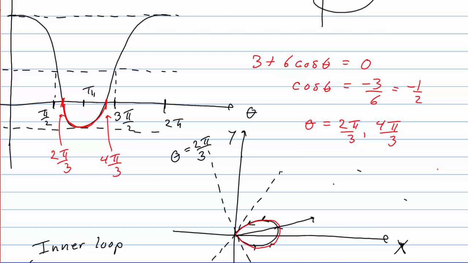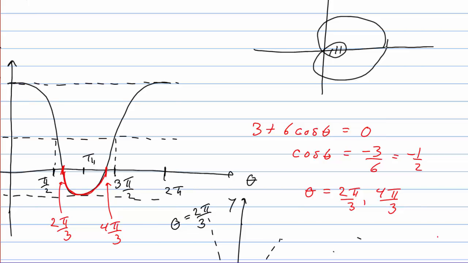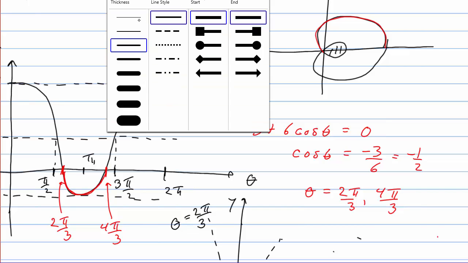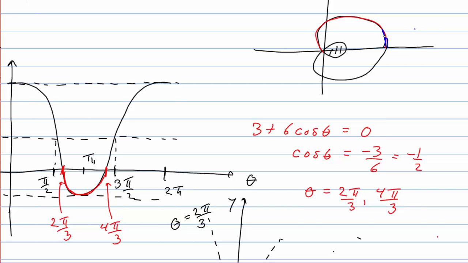Remember, that top portion here, that was only, well actually let me make it in blue, so stick with me here. All this stuff from here to here, that corresponded to this on the graph. Namely, it corresponded to everything from theta equals 0 to 2 pi over 3, right? That's where it stopped.